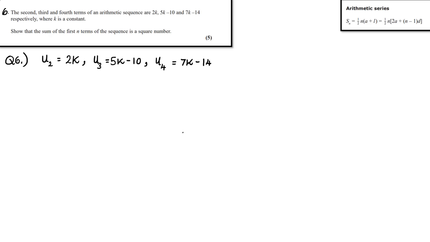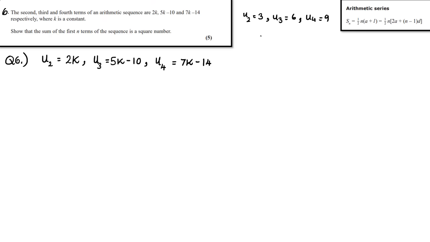So let's just pick a really basic arithmetic sequence here just to see what's happening. So if I pick my second term u2 as say 3, my third term here as 6, and my fourth term here u4 as 9, this would be an arithmetic sequence here with a common difference of 3.